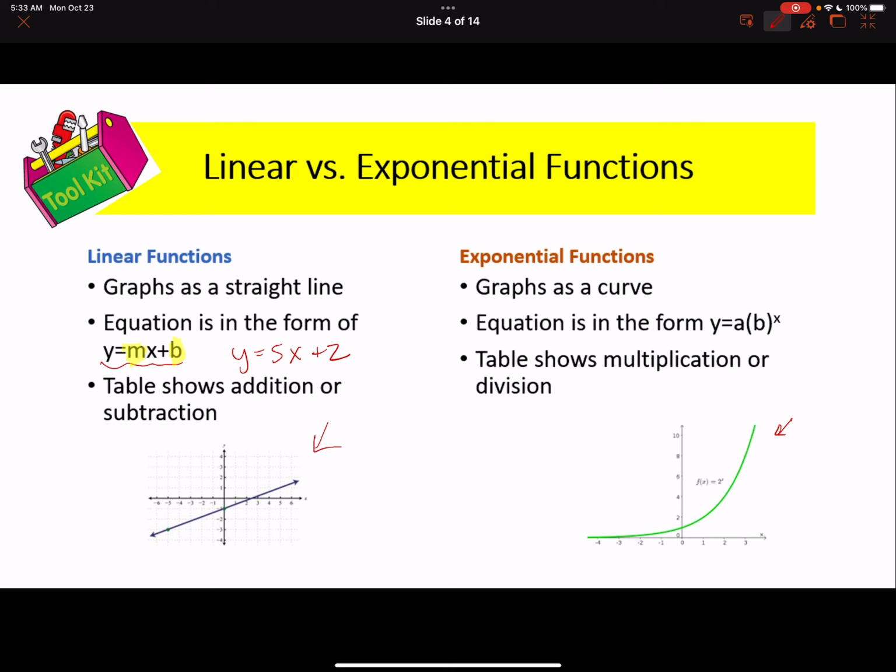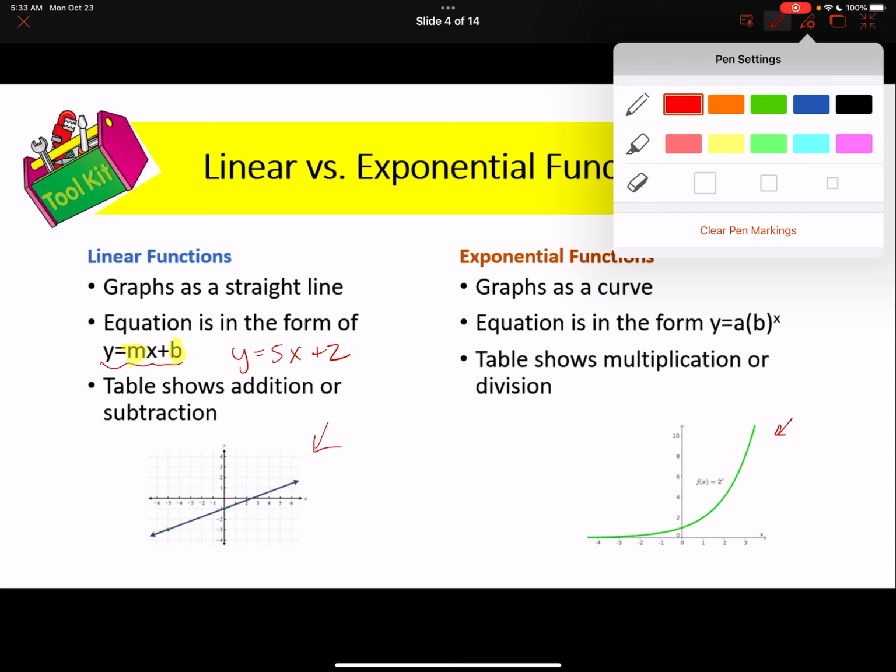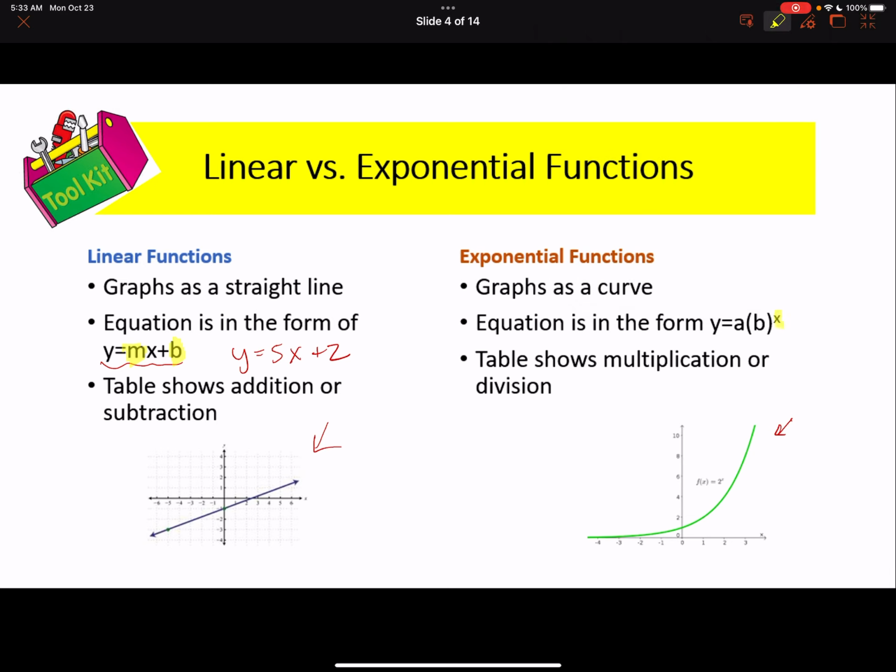As opposed to exponential functions, look at this x here. This x is an exponent. So an exponential function might look like this. y is equal to 3 times, let's say, 7 to the x power. So the big key that you're looking for in an exponential function or equation is that x is an exponent.